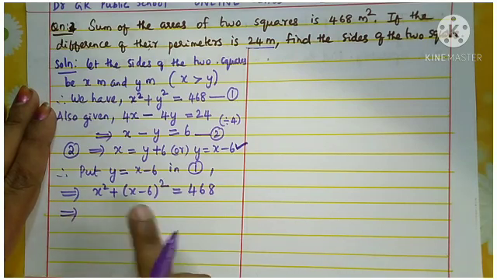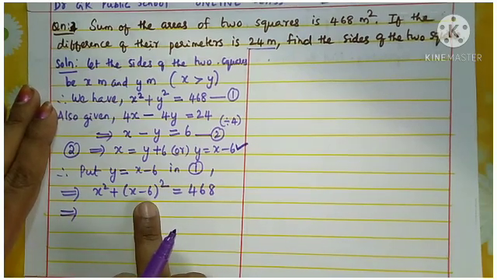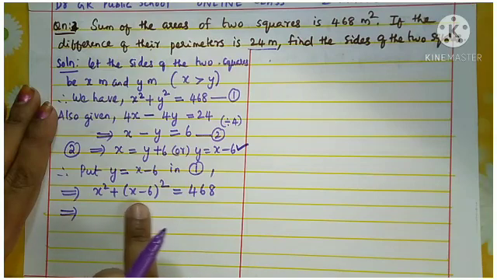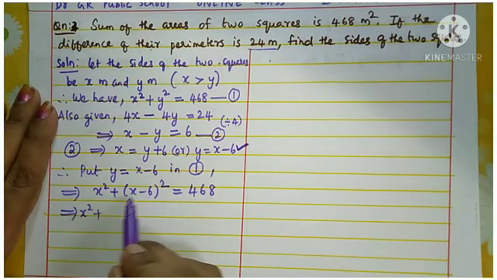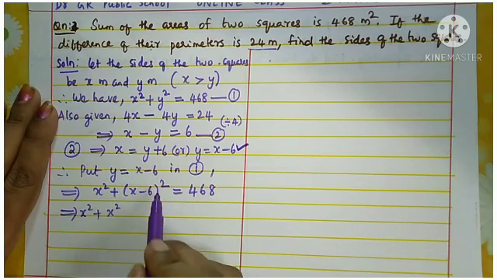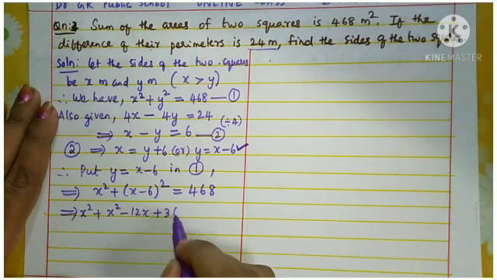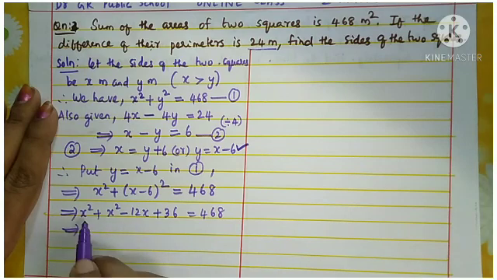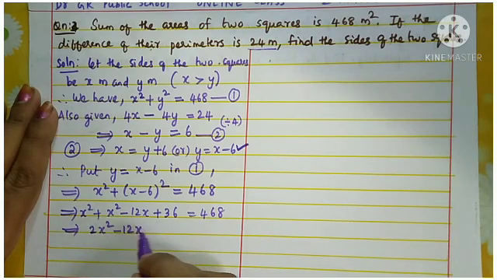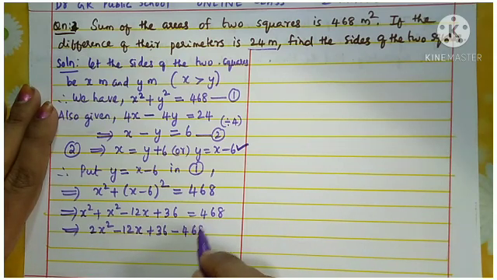Now this x minus 6 the whole square we need to expand using the a minus b the whole square identity, so that x square plus, yes, expand this: x square minus 2ab, that is minus 12x, plus b square, 36, equal to 468. x square and x square combined, 2x square minus 12x plus 36, take the 468 here, minus 468 equal to 0.